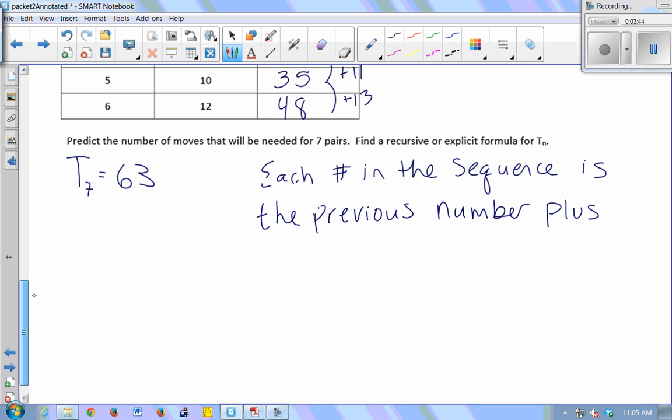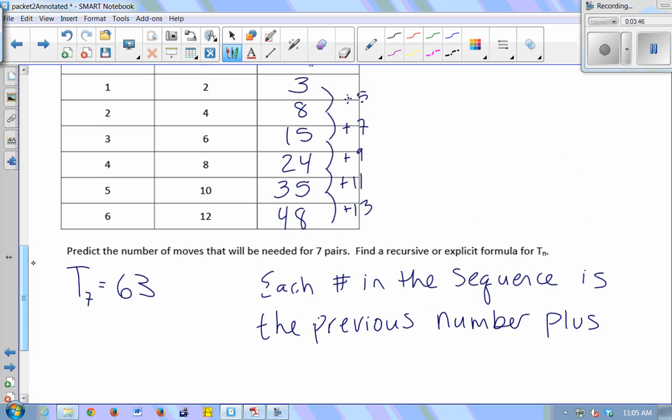What am I adding to the previous number of moves? Ooh, that's what I'm adding to the last thing I added. But like to get from 3 to 8, I added 5, right? So to get the 8, I took the previous number and I added 5. And then to get the 15, I started with the 8, the previous number, and I added 7. And to get the 24, I started with the previous number of 15 and I added 9.